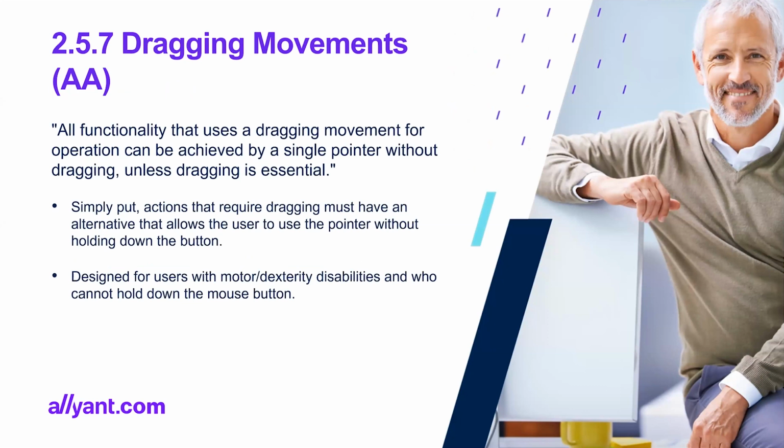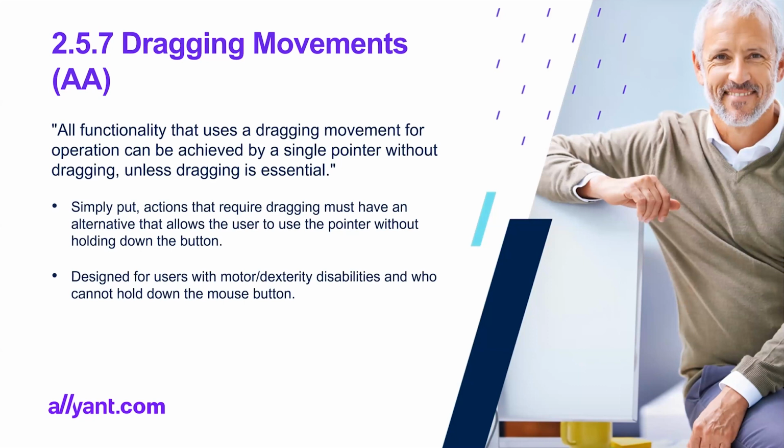So if you think about a typical drag, you click on an object or you tap on an object and you move it over, you continue to hold down the mouse pointer, you drag it over, and then you release the mouse pointer at the desired location. This is intended for users who are using the mouse pointer but aren't able to hold down the button. So that part of the typical drag flow is what's being targeted here.